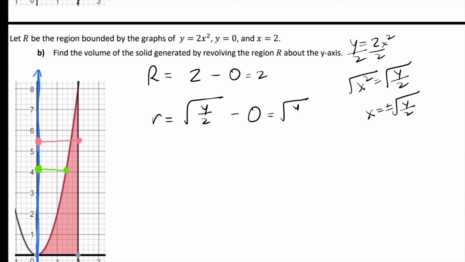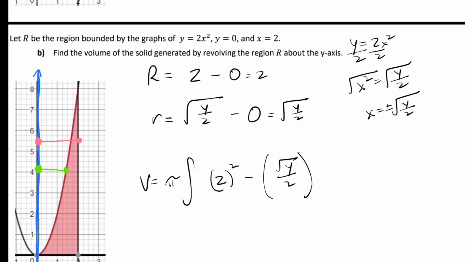Little r is just going to be the square root of y divided by 2. Okay, so let's go down here and rewrite that. 2 squared minus the square root, oops, should be a square root over the both of them, dy.